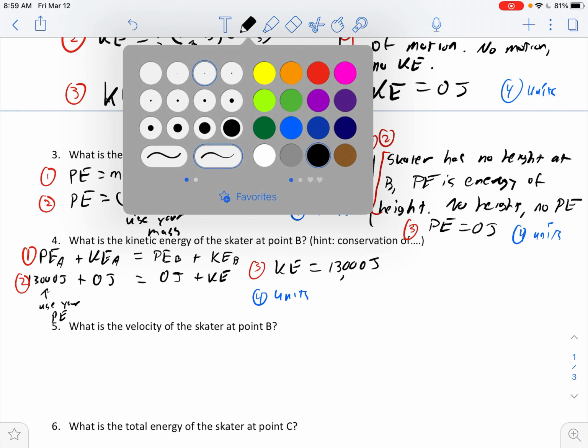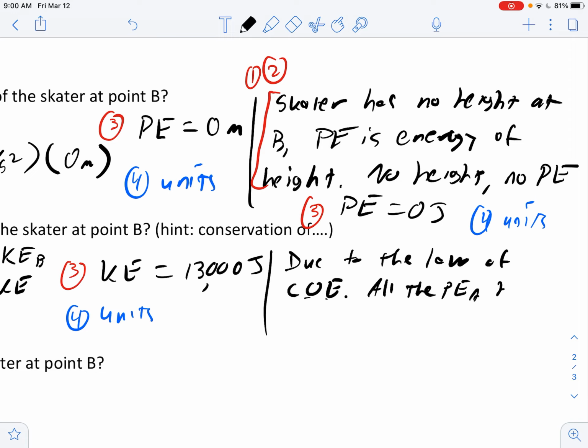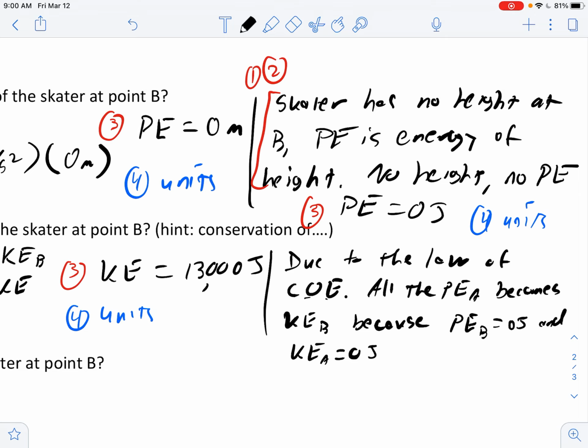So, according to the law of conservation of energy, all the potential energy at A becomes kinetic energy at B, because the potential energy at B is equal to 0 joules and the kinetic energy at A is equal to 0 joules.